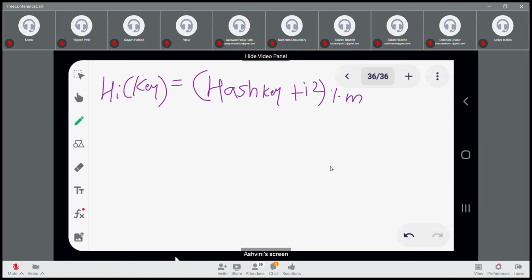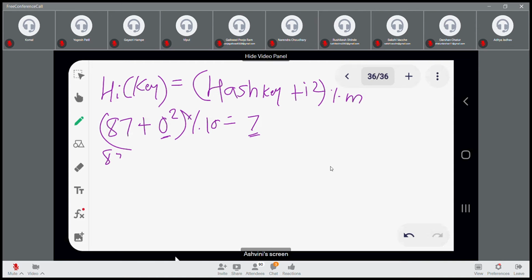Now here, take the values of I one by one as 0, 1, 2, 3 and check the result whether it is empty or not. Okay. So first I will consider the value of I as 0. So 87 is the number, that is the hash key, plus 0 square mod 10 is equal to, yes, 87 plus 0 square, it is 87, 87 mod 10 is 7.